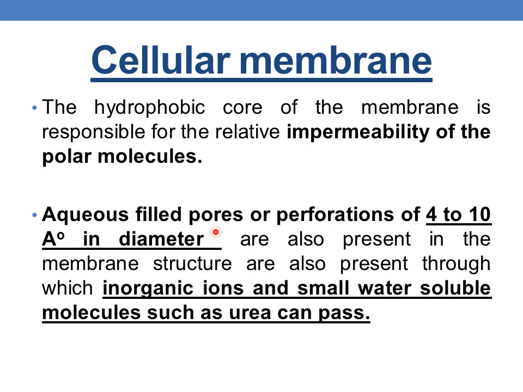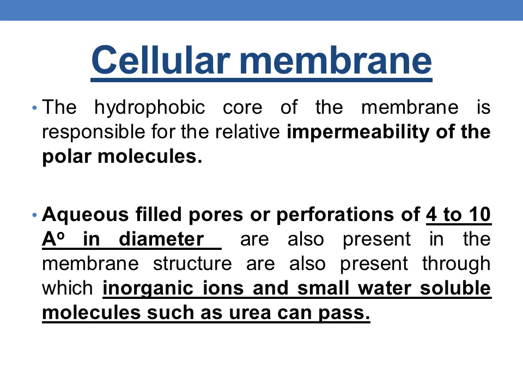Through these aqueous filled pores, inorganic ions and small water soluble molecules such as urea can pass. So how is urea absorbed? Urea is absorbed through aqueous filled pores or perforations.